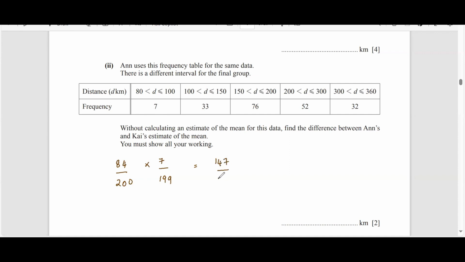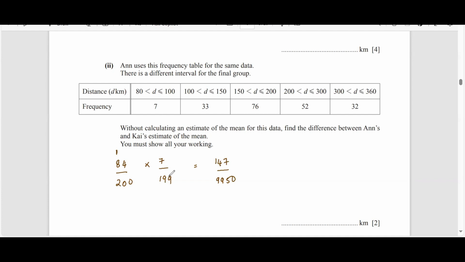Which will give us 147 over 9,950. But in this case, we have one more step, because here in the first attempt I'm getting a car which has traveled more than 200 kilometer, and in the second attempt a car which is less than 100. It can be the other way around also. That means in the first attempt I'll get a car less than 100, and in the second attempt a car more than 200 kilometer.